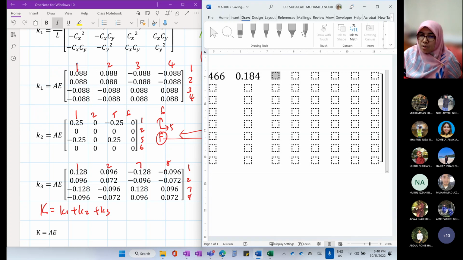Do you find 1,3 in K1? What is the value? Negative 0.088.